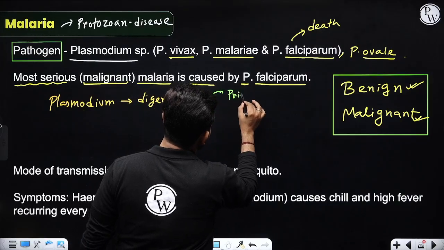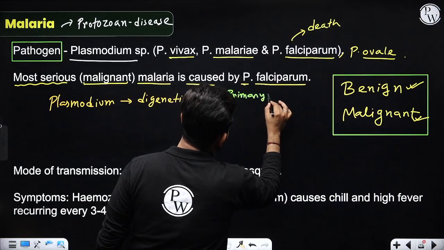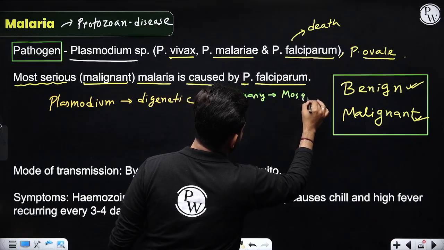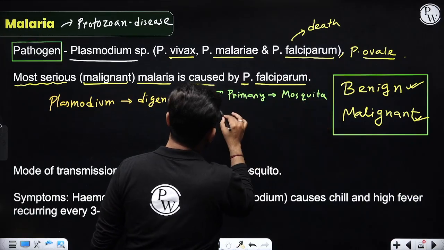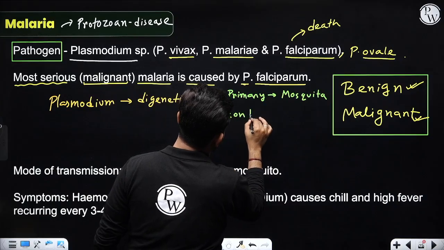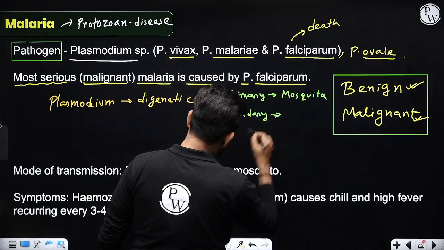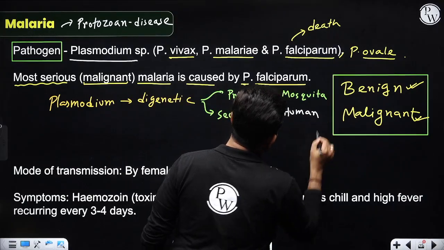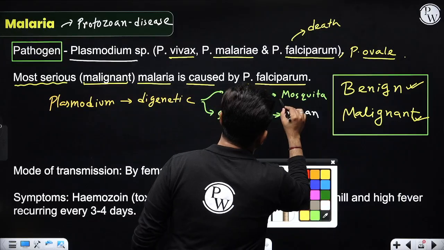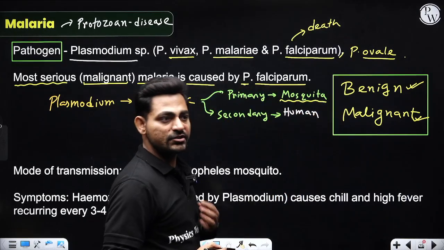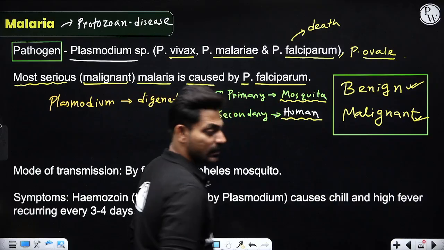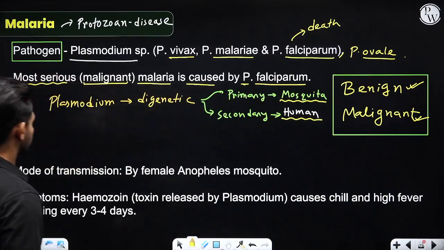The primary host is the mosquito, and the secondary host is the human. Meaning in the mosquito, it will complete the sexual mode of reproduction. In the human body, it will complete the asexual mode of reproduction.